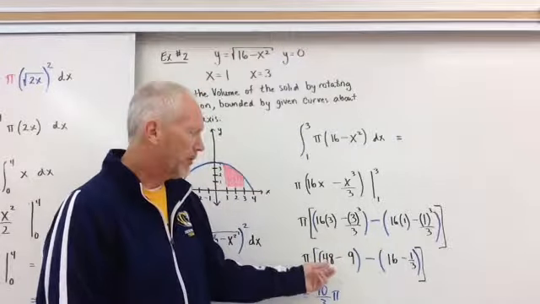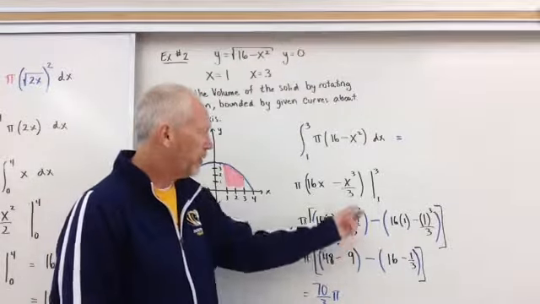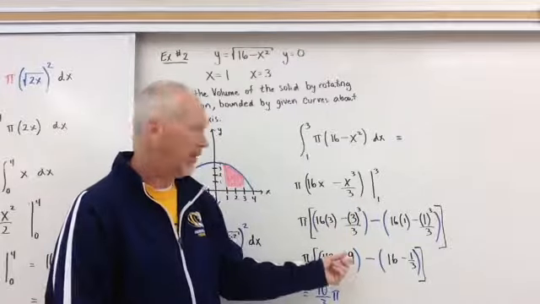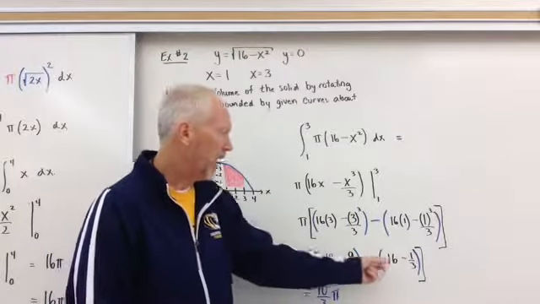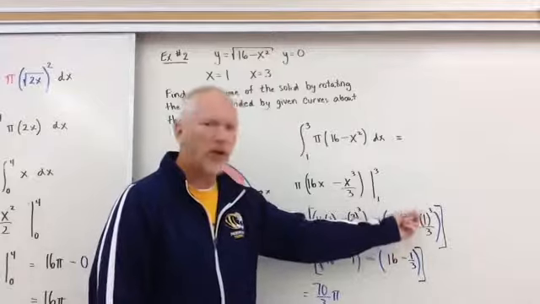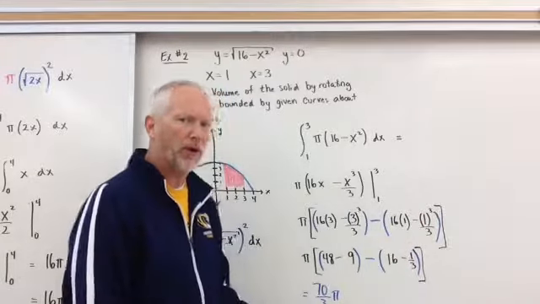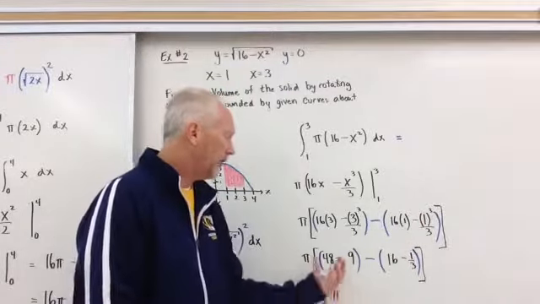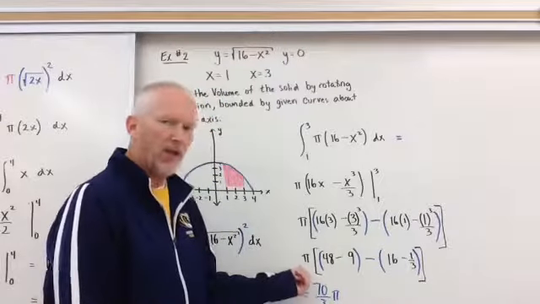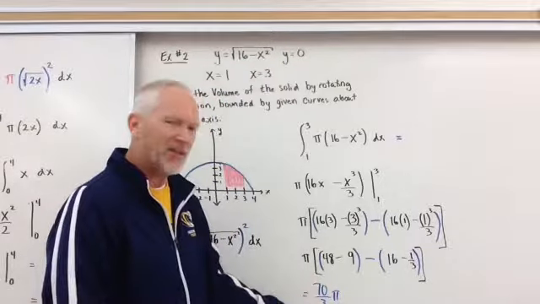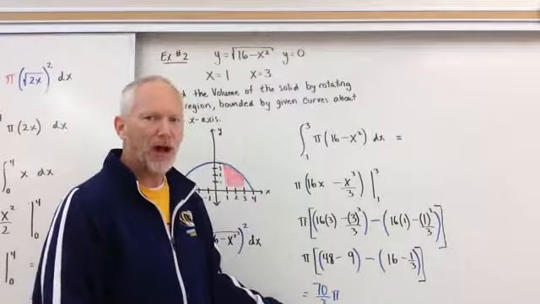So 16 times 3 is 48. 3 cubed is 27, divided by 3 becomes 9, minus 16, and 1 cubed is just 1, so minus 1/3. And when you put that together and then multiply everything again by pi, we get 70/3 pi.